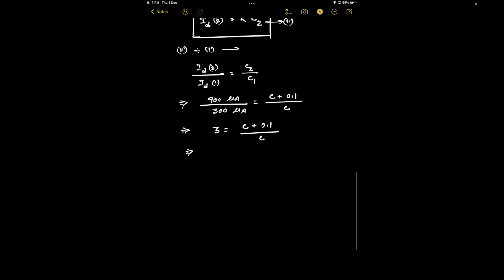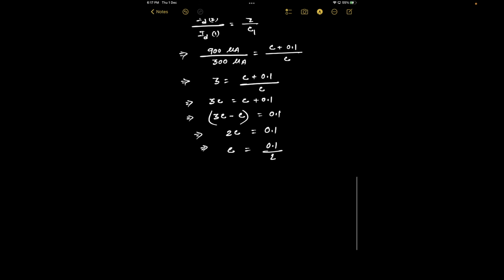If you solve this, 3C equals C plus 0.1, 3C minus C equals 0.1, 2C equals 0.1, and C will be equal to 0.1 divided by 2, right?